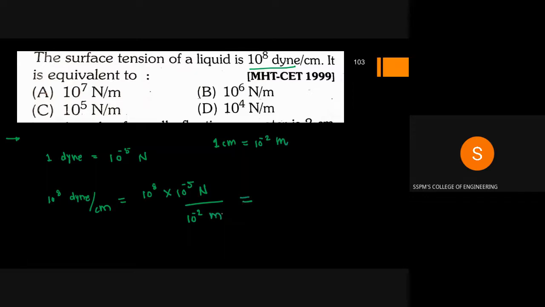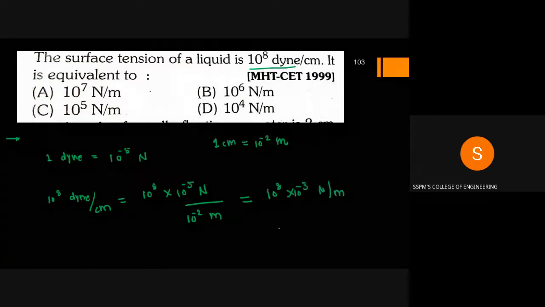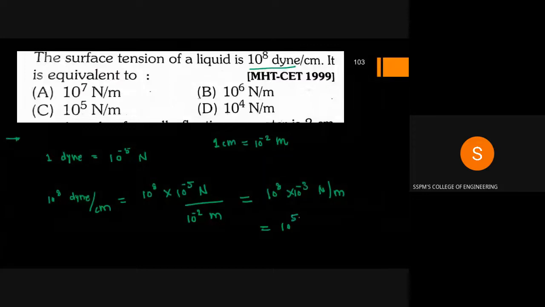So this is minus 5 minus 2, so minus 3. So 10 raised to 8 into 10 to the power minus 3 Newton per meter.